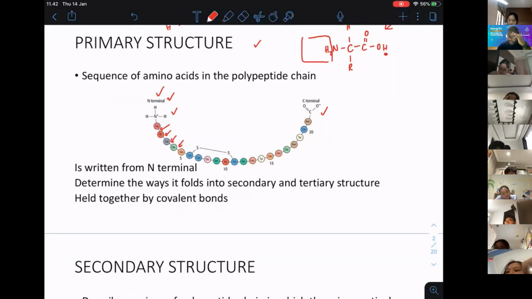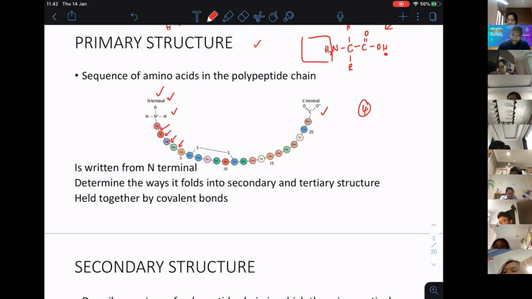We have a total of 4 structures: primary, secondary, tertiary, and quaternary. The basic structure is the primary structure, and the way they are folded is categorized into secondary or tertiary, and they are held together by covalent bonds.